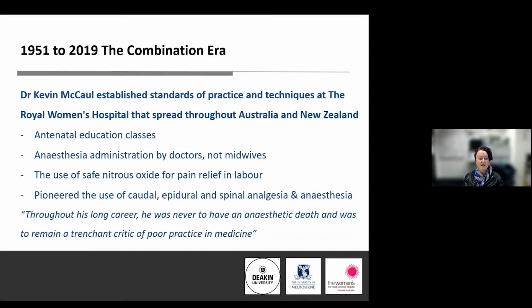These included the development of antenatal classes, administration of anaesthesia by doctors, not midwives, the use of safe nitrous oxide for pain relief in labour, and importantly, spinal anaesthesia for safe and pain-free surgery. From Janet McKelman's book again: throughout his long career, he was never to have an anaesthetic death and was to remain a steadfast critic of poor practice in medicine.